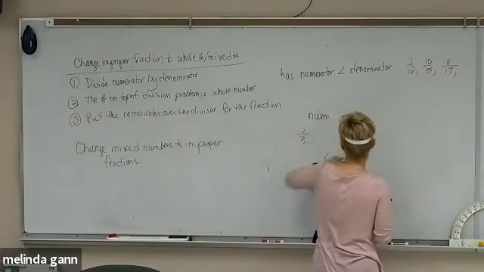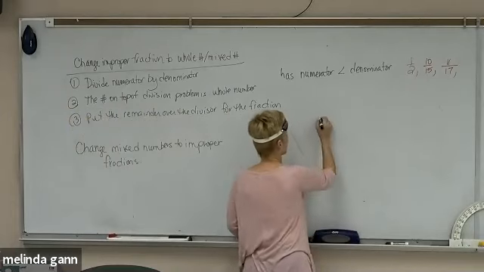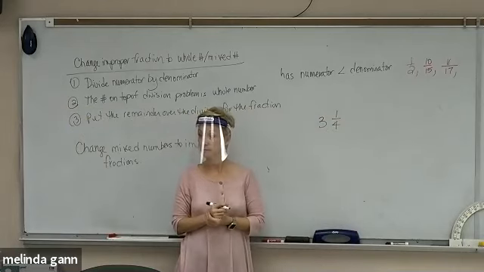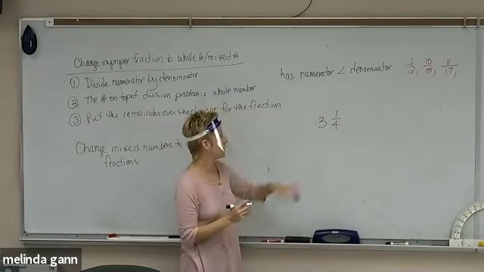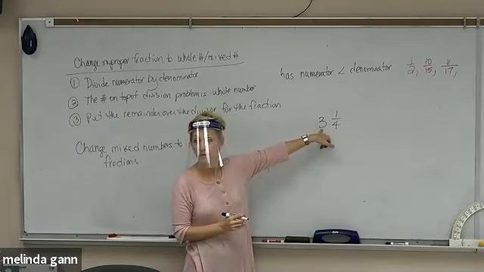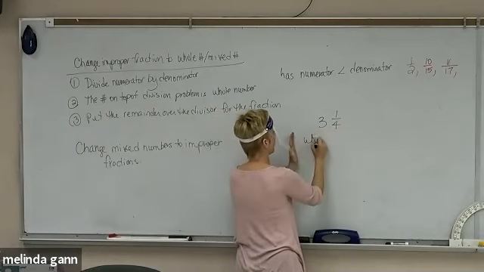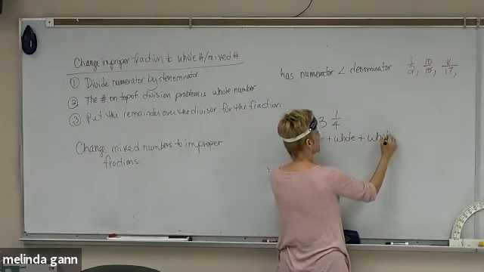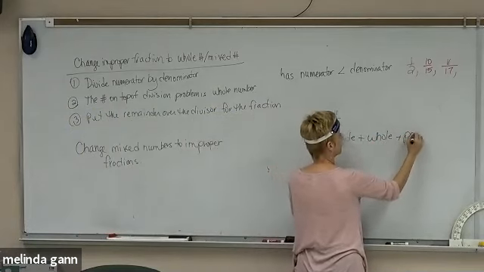All right, what if I had this? 3 and 1/4. Now, how many wholes do I have? 3. So do we understand that I've got a whole plus a whole plus another whole plus part of a whole?